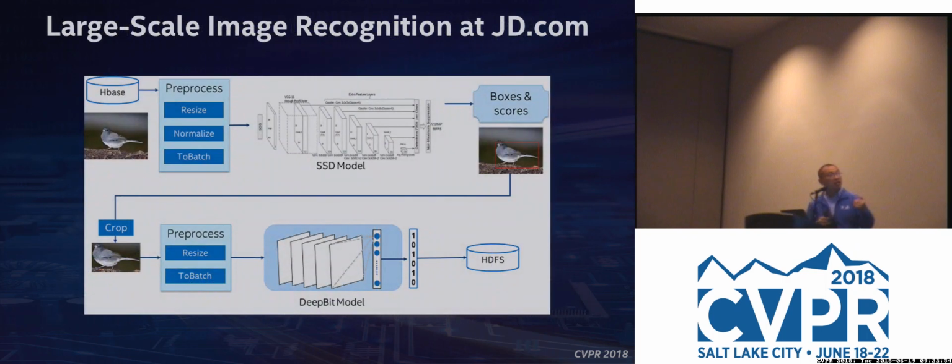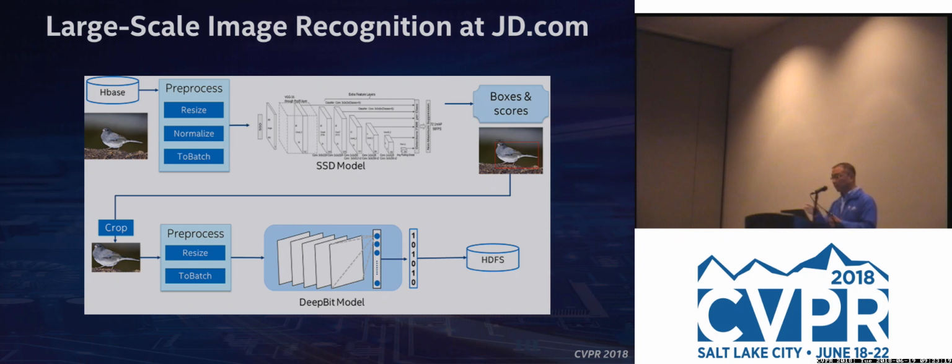So let's look at one example. As I mentioned before, this is one of the customers we have been working with, JD.com, one of the largest online shopping websites in China. What they try to do in this application is very large scale image recognition and feature extraction in production.